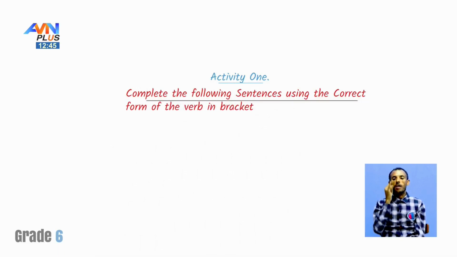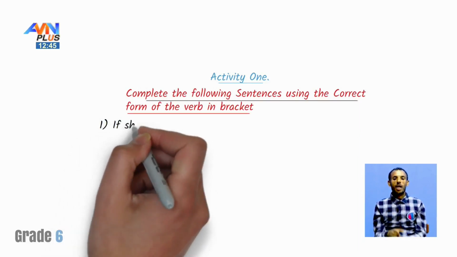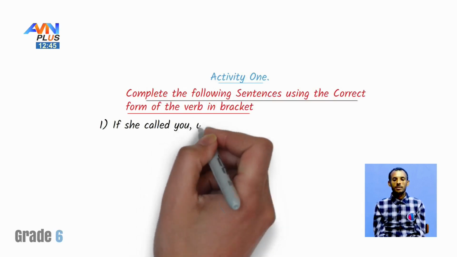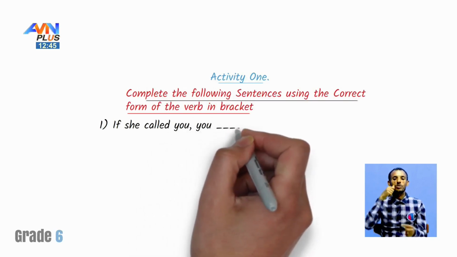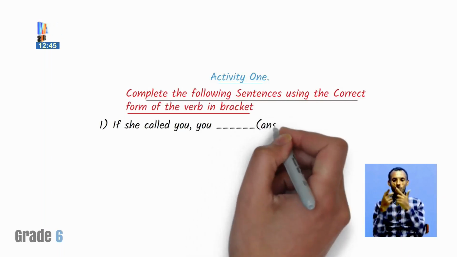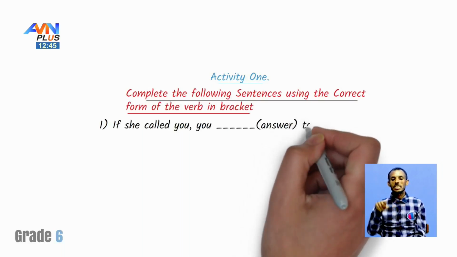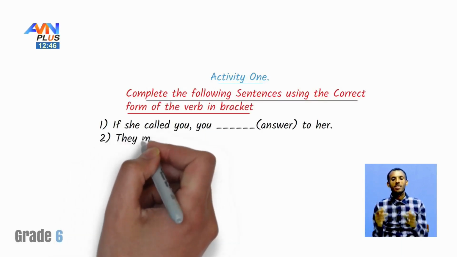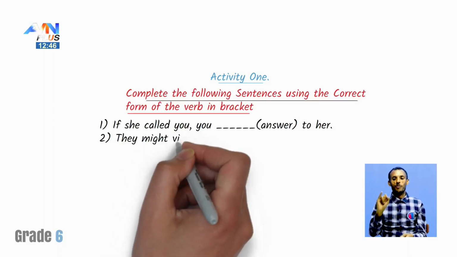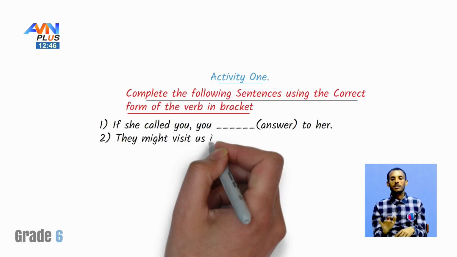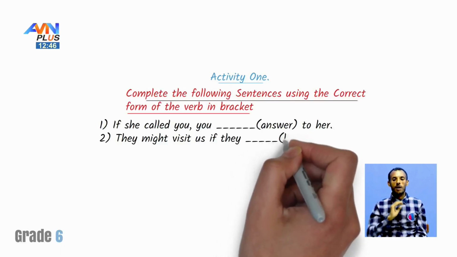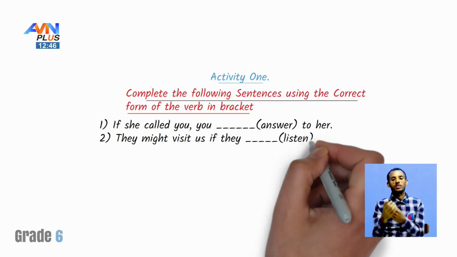If she called you, you blank answer to her. This is one. Number two, they might visit us if they blank, listen is the verb, if they listen our situation.